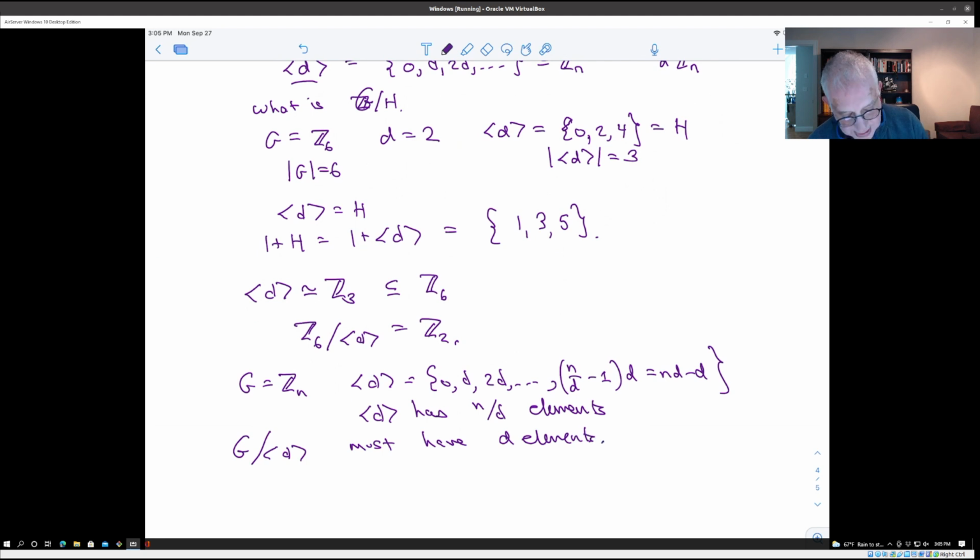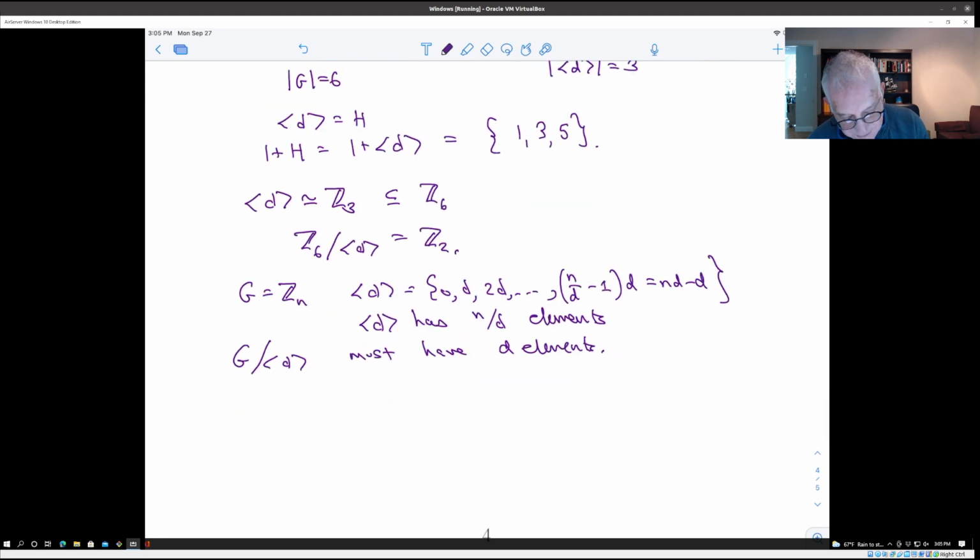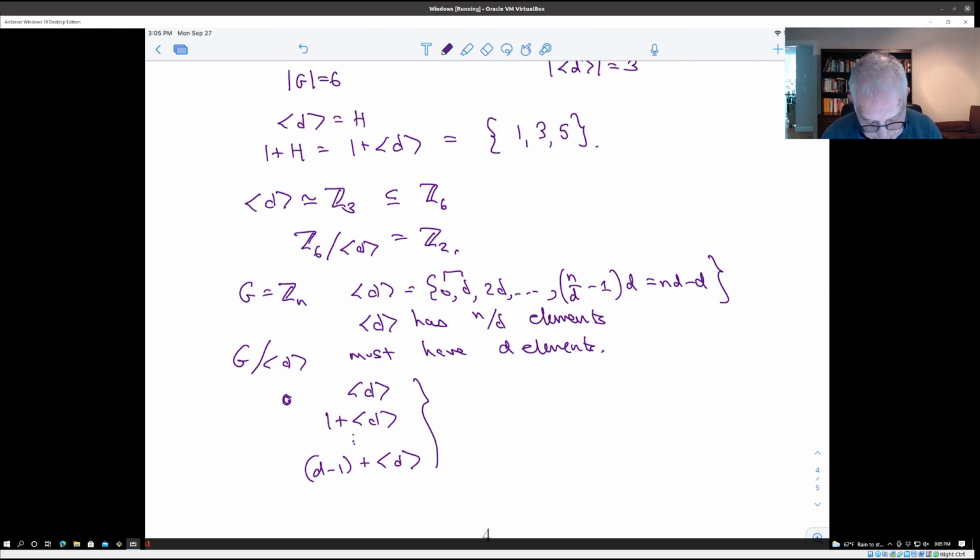And what are the cosets? Well, they fill in the gap between 0 and D here. Namely, they consist of D itself, 1 plus D, all the way out to D minus 1 plus D. Because what happens after that? Well, first of all, let's notice that there are D cosets.